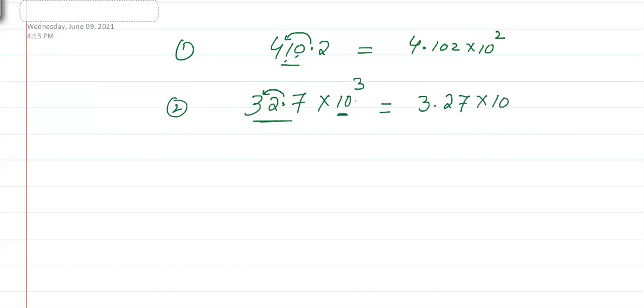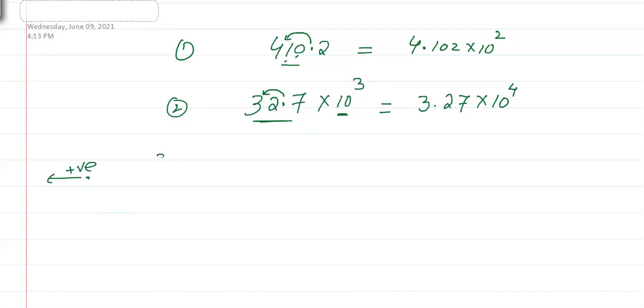Now, 3 powers of 10 are already there. And when you are shifting from right to the left, of course, one more power will increase because the powers are positive when we shift from right to the left. So one more power will increase. Right now, there are three powers. So if you shift the decimal in such a case, one more power will increase, meaning it will become 10 to the power 4.